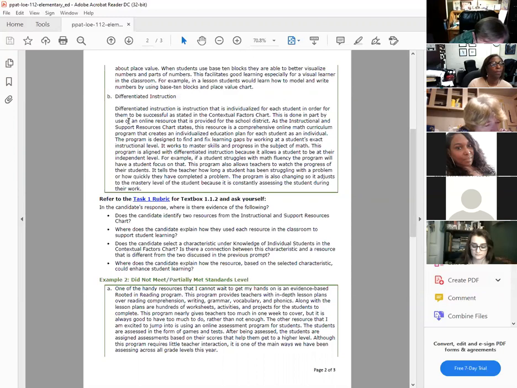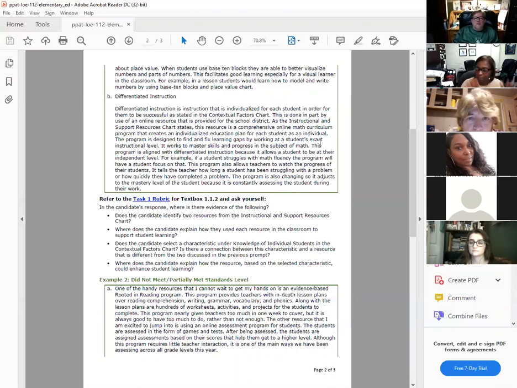This is done in part by the use of an online resource that is provided for the school district. And then they said, as the instructional and support resources chart states, the resource is a comprehensive online math curriculum program that creates an individualized education plan. So without us having her chart or his chart, somewhere in their chart for students, they have a math program, okay, that provides differentiated instruction.